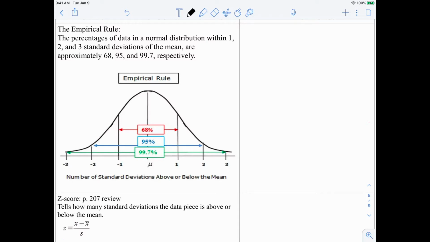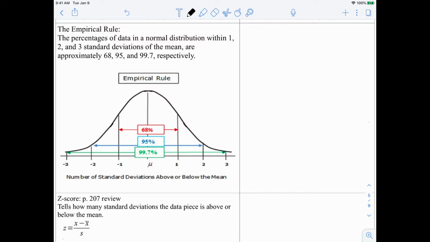So the empirical rule tells us the percentages of data in a normal distribution. Again, the data do have to be distributed normally, following the bell-shaped curve. What this tells us is that 68% of the data values will fall within one standard deviation, so from -1 to 1. 95% of all of the data fall within 2 standard deviations, so from -2 to 2.